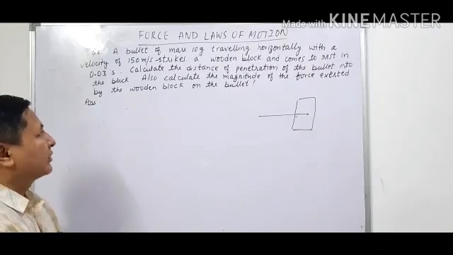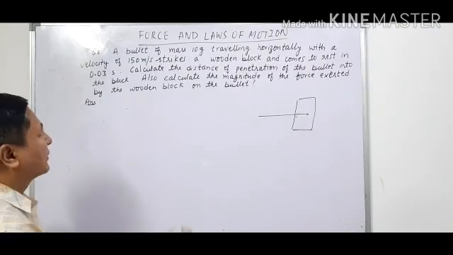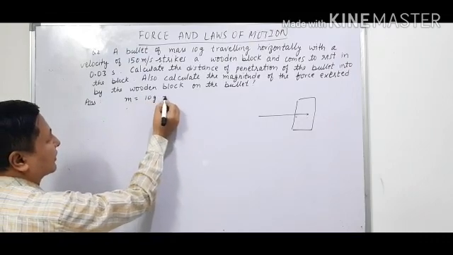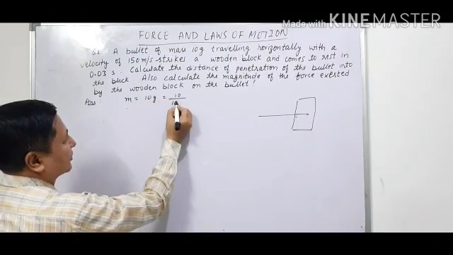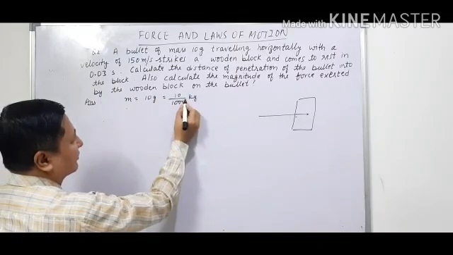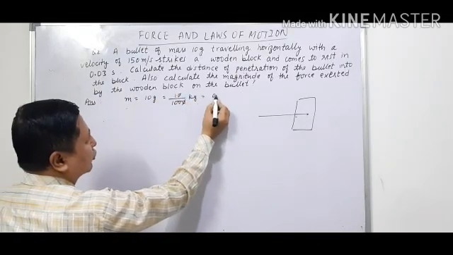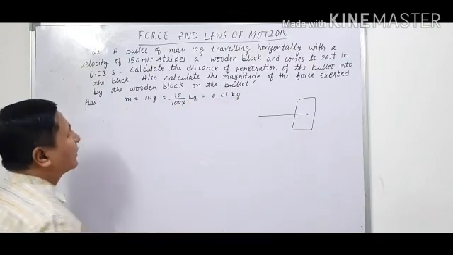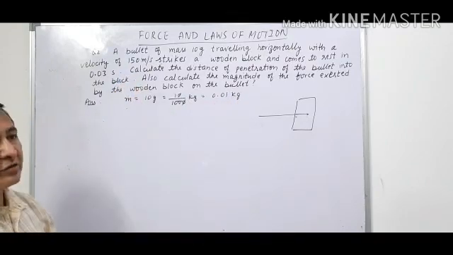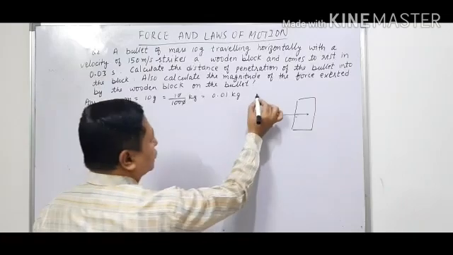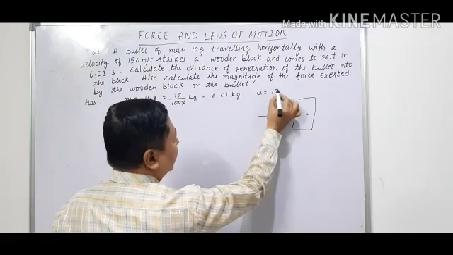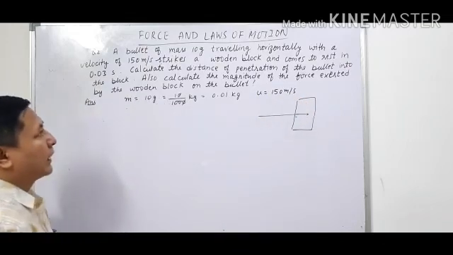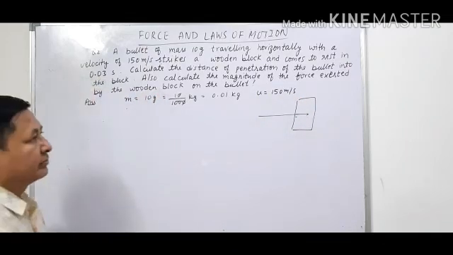So first thing, let us see what is given in the question. Mass of the bullet is 10 gram, so we'll convert into kg. 10 upon 1000 kg, that will be equal to 0.01 kg. Now it is going with an initial velocity of 150 meter per second, so u is 150 meter per second, and it comes to rest.